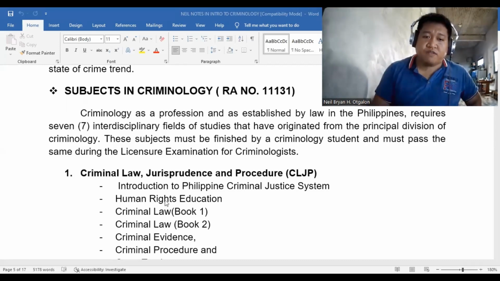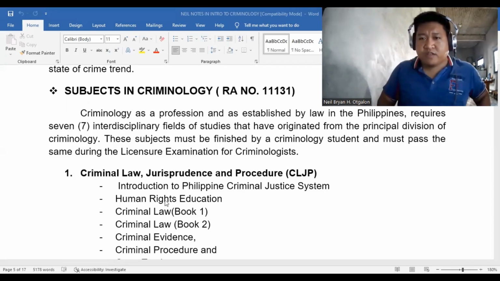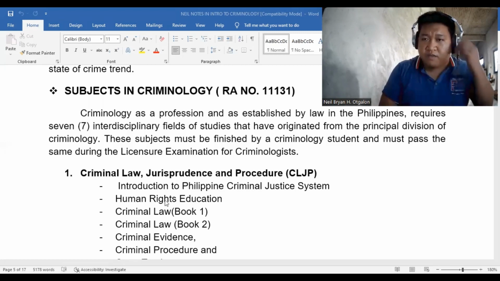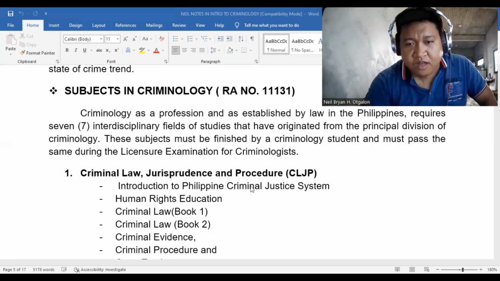Human rights is very important to understand because sa trabaho ng law enforcement, sa criminal justice, and even in criminology, human rights is the primary concern because if you do not observe it, then everything that you do is useless and unlawful.